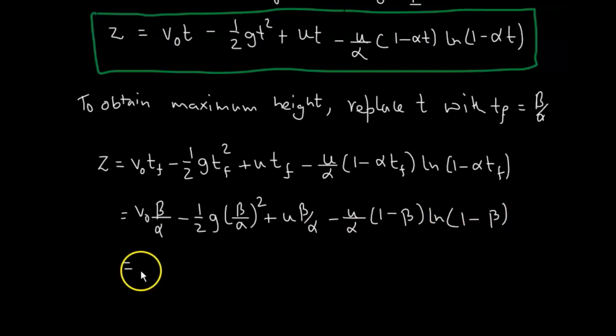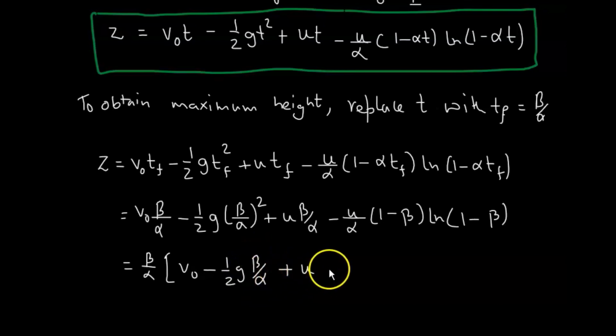Or simply we can take beta over alpha as the common factor. That leaves us with v naught minus half g beta over alpha plus u minus u over beta, since we have taken beta over alpha as the common factor, times 1 minus beta times natural log of 1 minus beta.